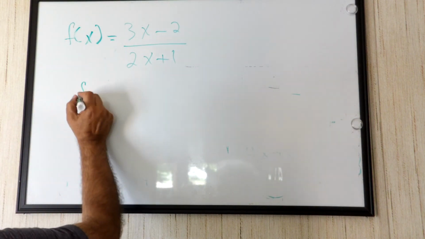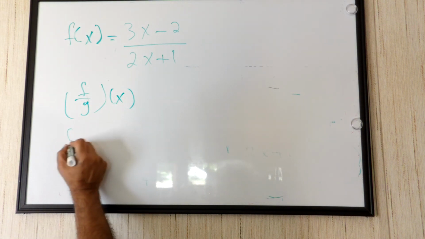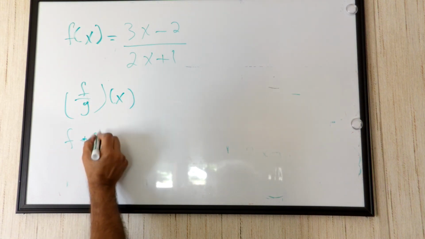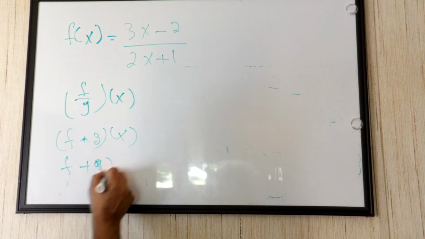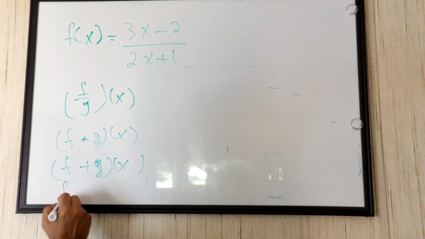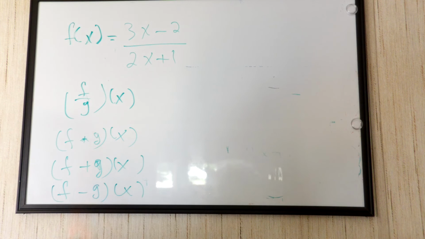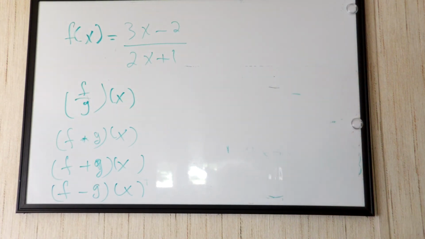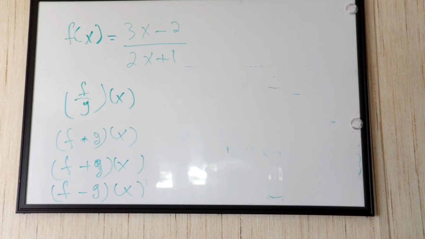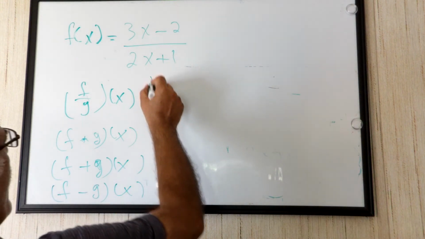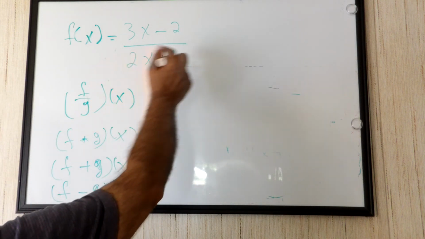Sometimes you have f divided by g of x. Sometimes you have f times g of x. Sometimes f plus g of x. Sometimes f minus g of x. And these are just combining, but the composite function is different.